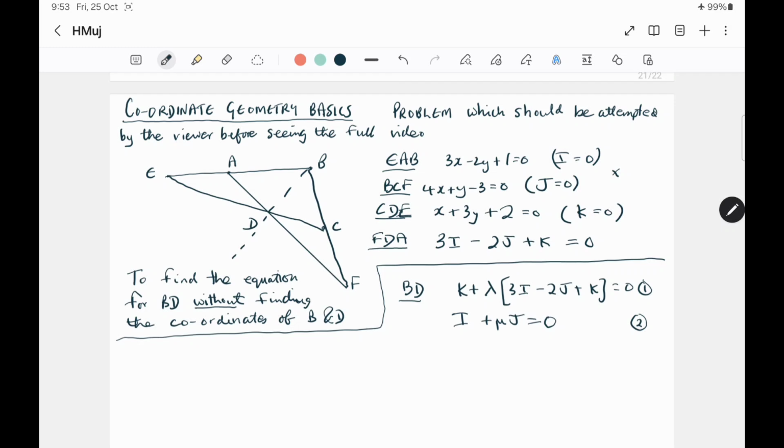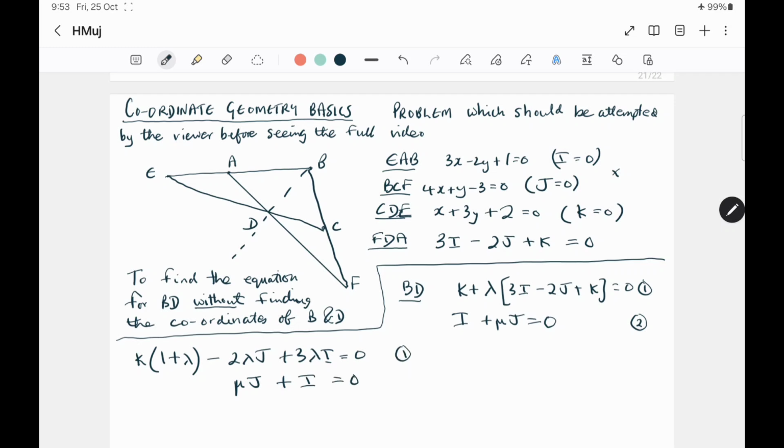So writing the first equation out more fully, we'll get K into 1 plus lambda minus 2 lambda times J plus 3 lambda times I equal to 0. And the second equation written down as before, mu J plus I equals 0.